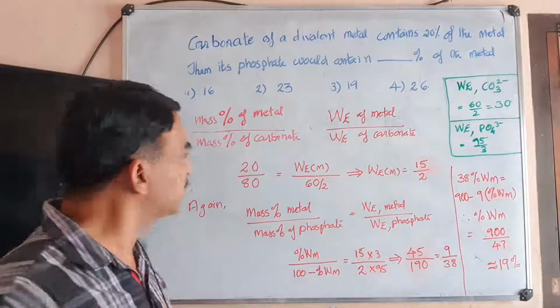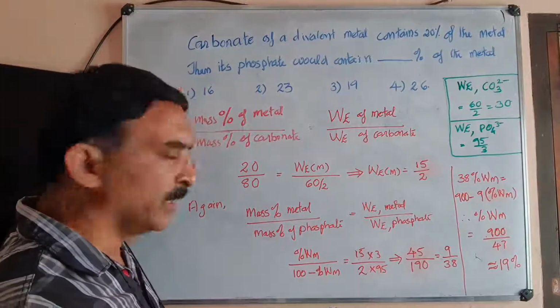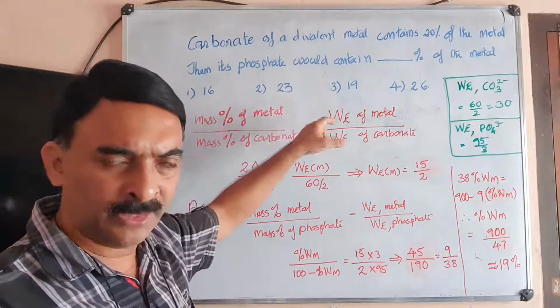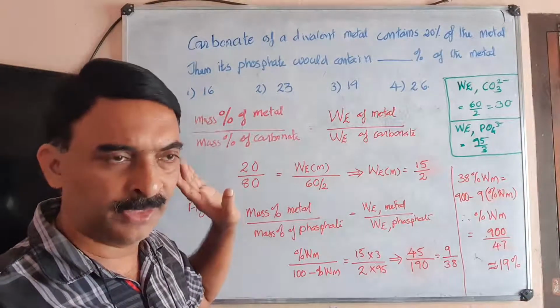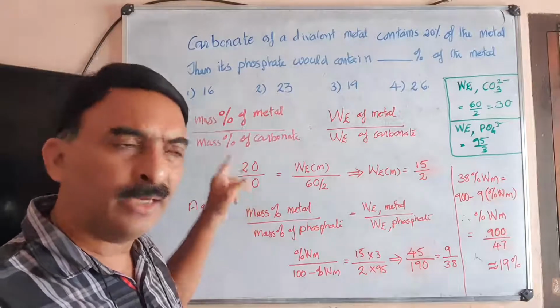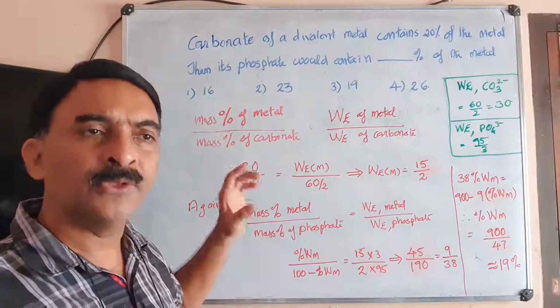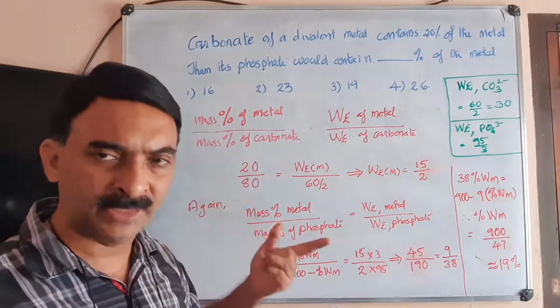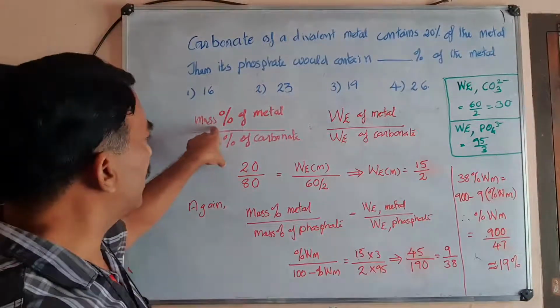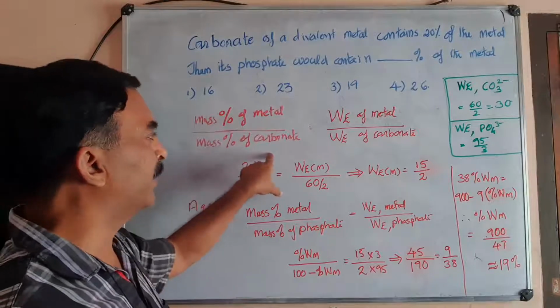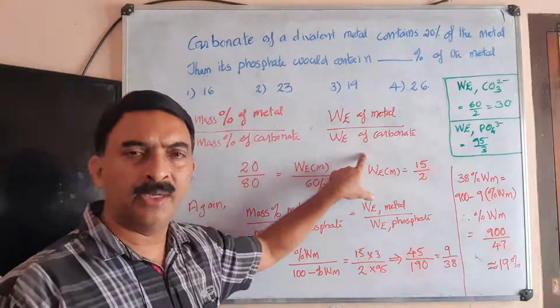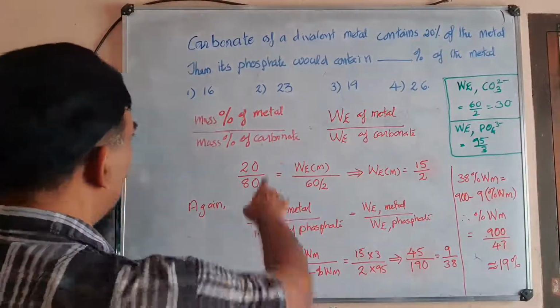Here they have provided only percent mass, so we can replace masses by the corresponding percentage masses. So we write mass percent of metal by mass percent of carbonate is equal to equivalent mass of metal by equivalent mass of carbonate.